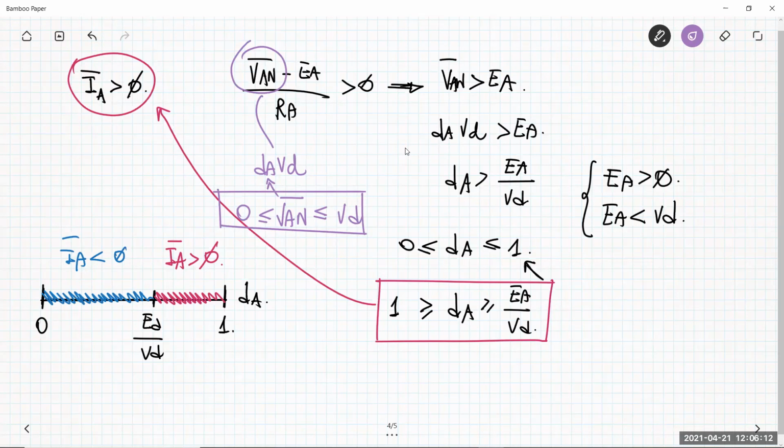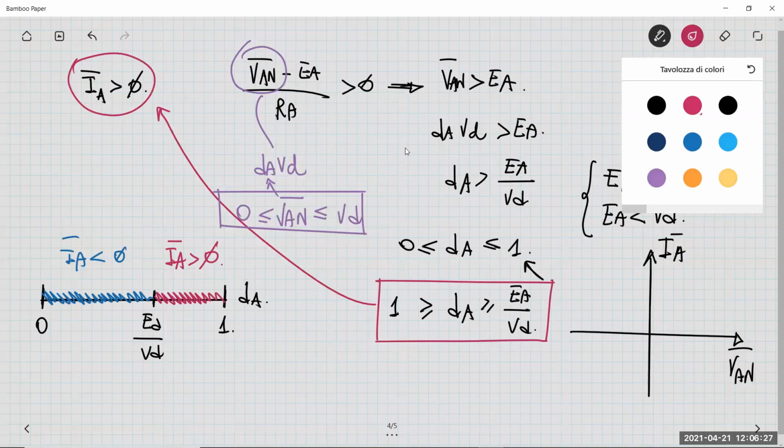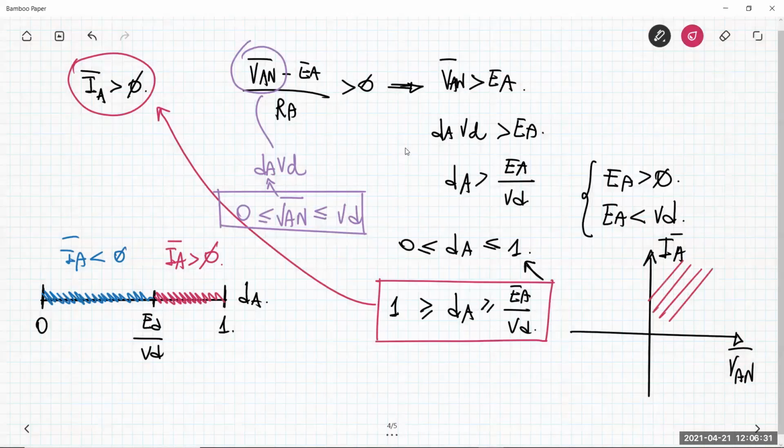So I built a circuit in which, if you put the average current here and the voltage VAN here, you have the possibility to work in the first quadrant where the current is positive, or also in the fourth quadrant here, in which the current is negative.